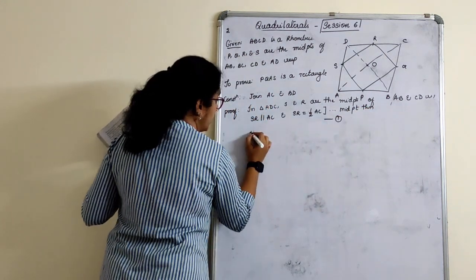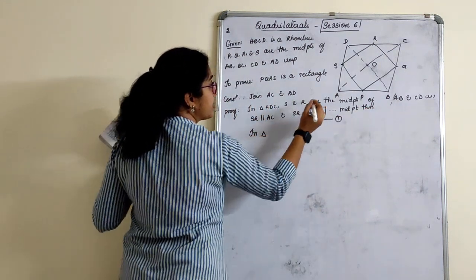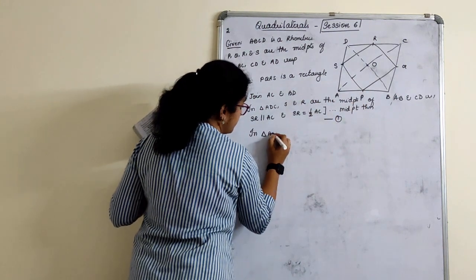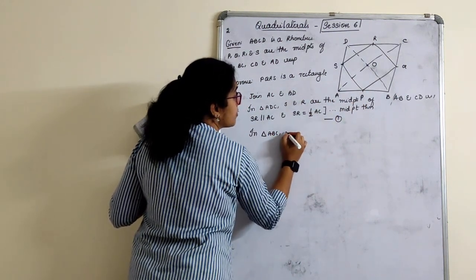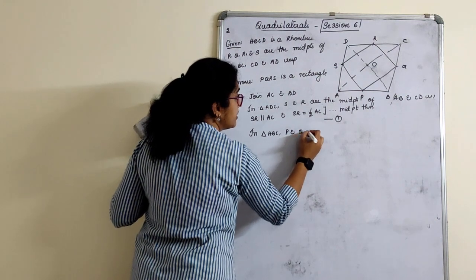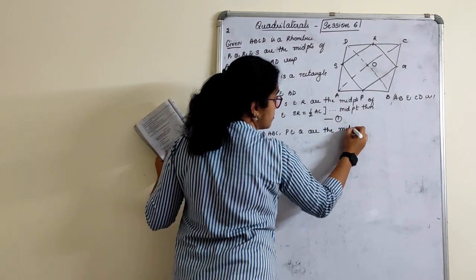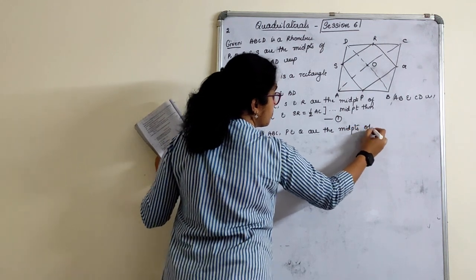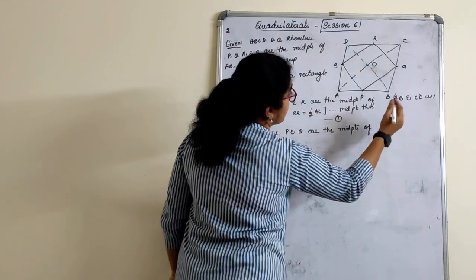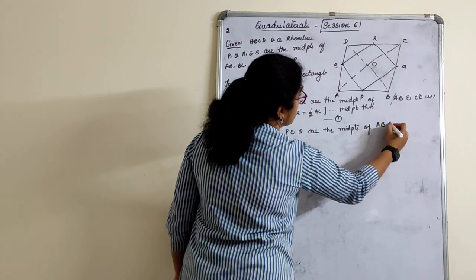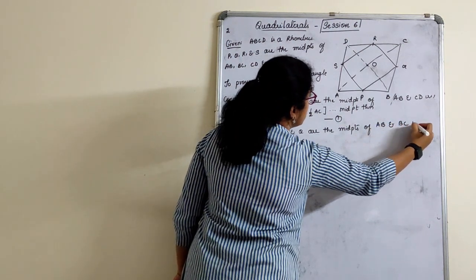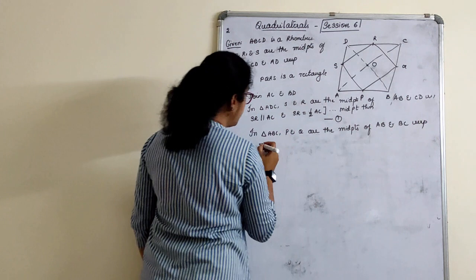Equation 1. Again, next part, in triangle ABC, P and Q are the midpoints of AB and BC respectively.